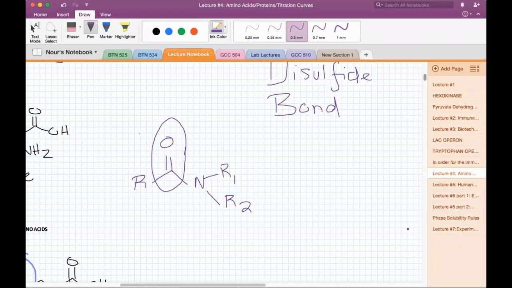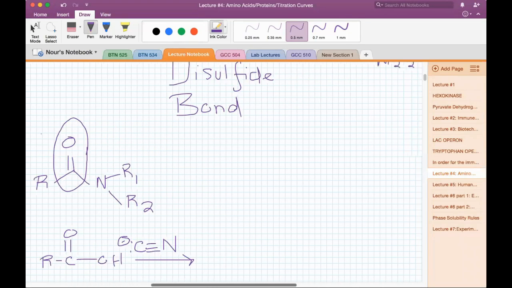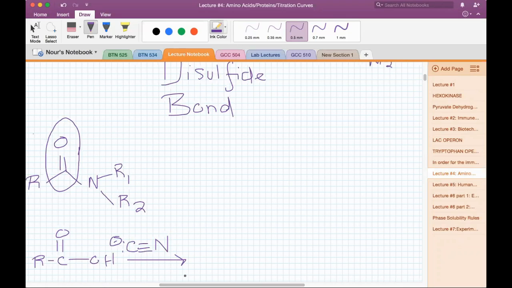In organic chemistry, you can take a carbonyl group and react it with, I believe it's this, I could be wrong, and kick this off.